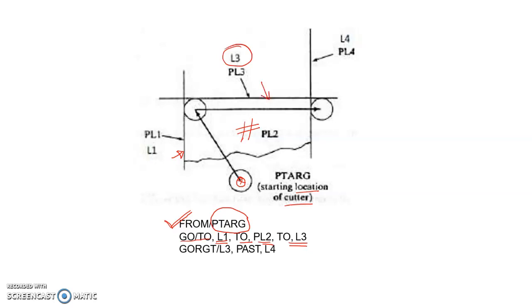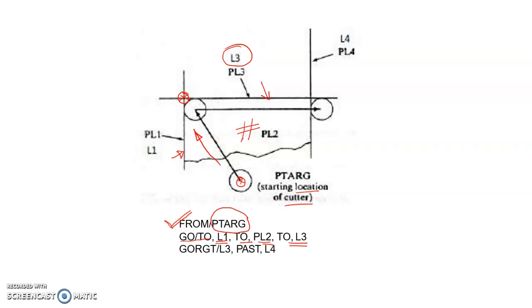So go to L1, PL2, L3 means we have to move the tool to a point which is actually the meeting point of all three, that is L1, PL2 and L3. So the tool will be reaching over here like this. This is the first command for the tool movement.